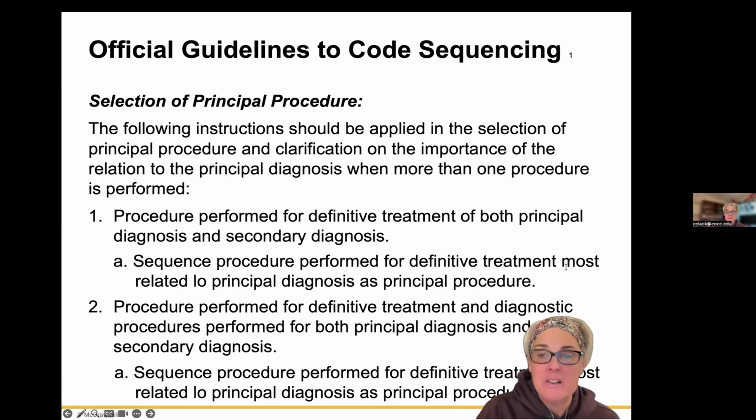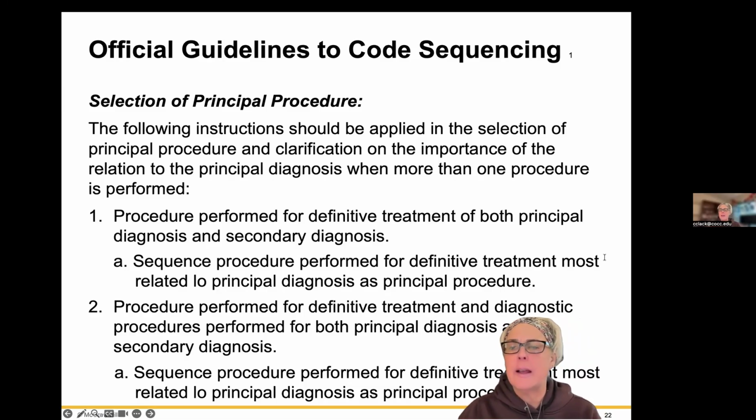When you have a mix of treatment and diagnostics, you still sequence as the principal procedure the procedure that represents definitive treatment and is most related to the principal diagnosis.